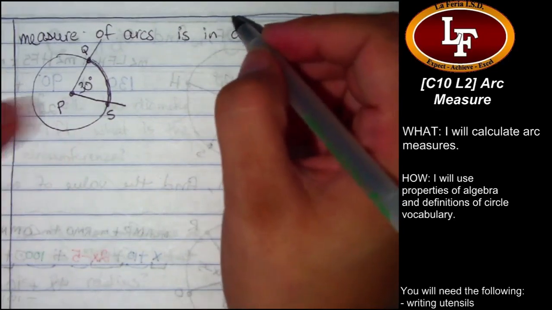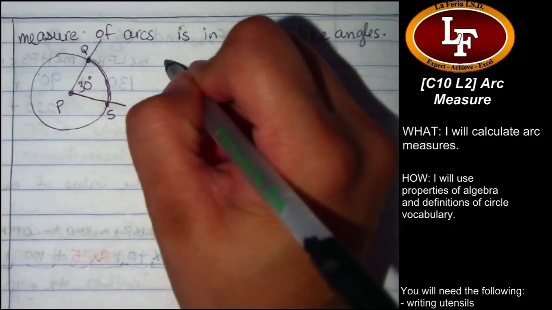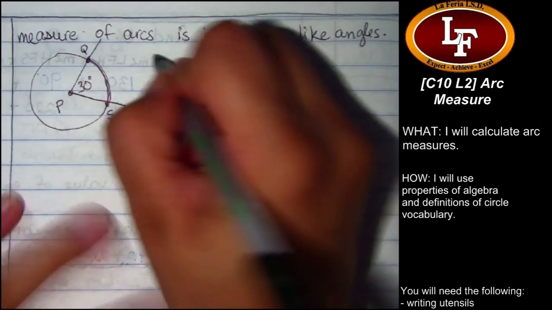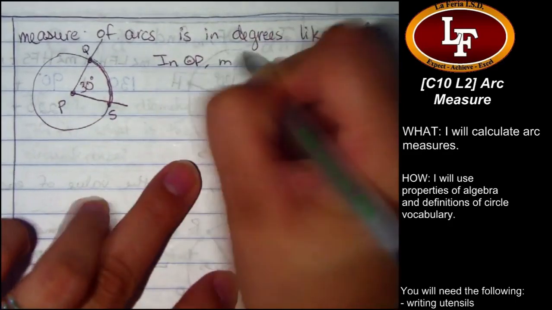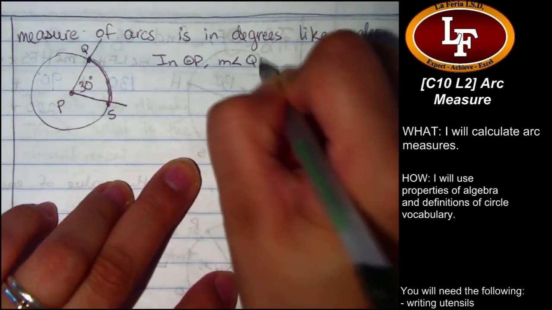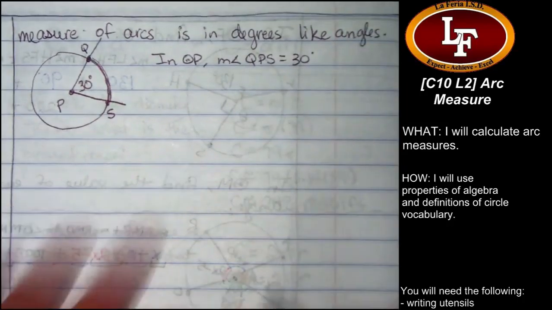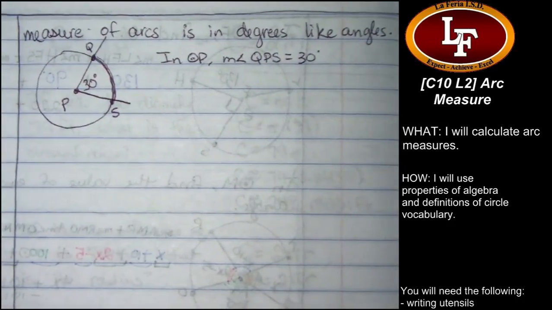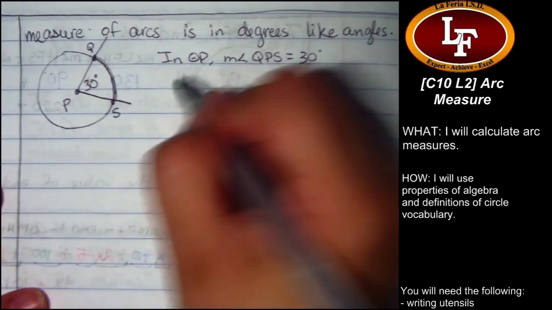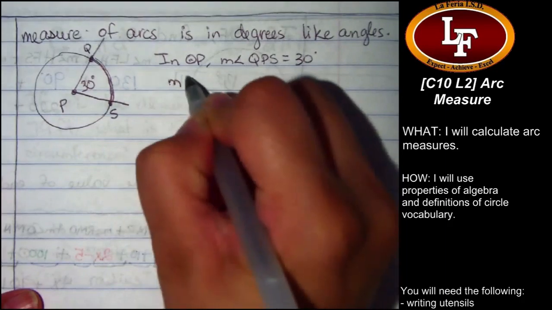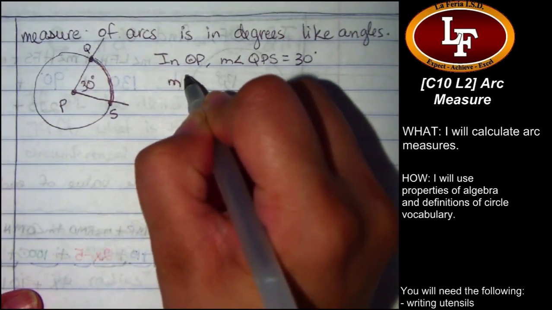So we can say that this central angle here, QPS, measures 30 degrees. When an arc is created by a central angle, it is going to have the same measure as the central angle that created it.